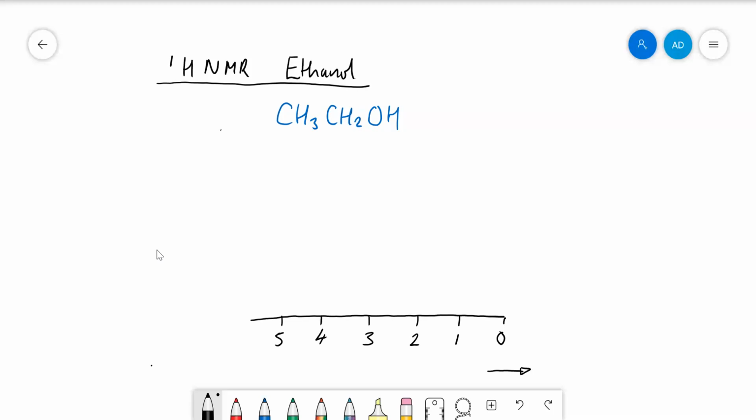On this axis, which is not usually marked on an NMR spectrum, that is the absorption of radio waves. We're going to have 3 peaks.